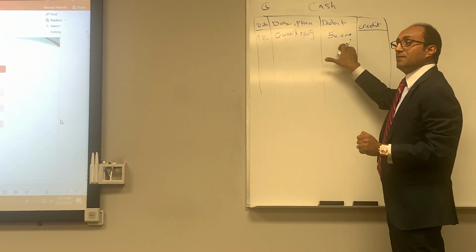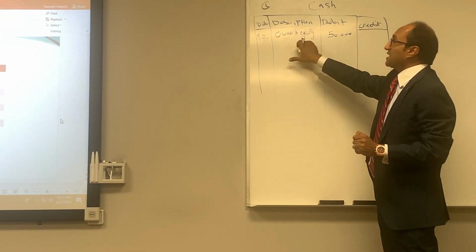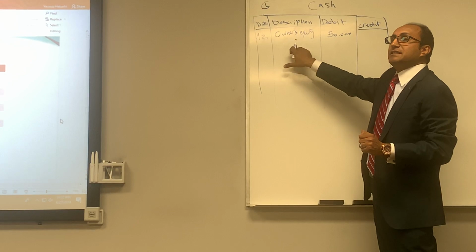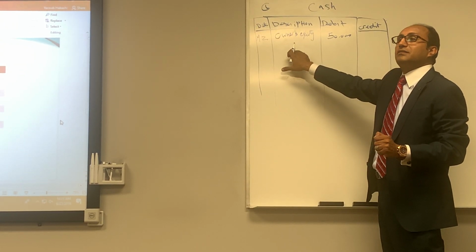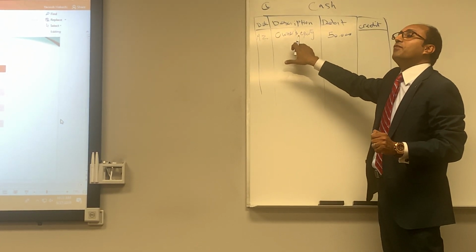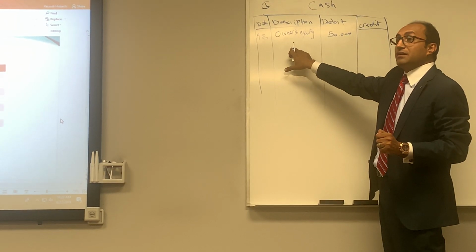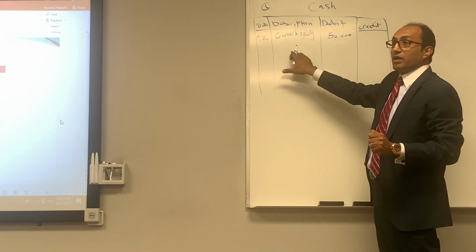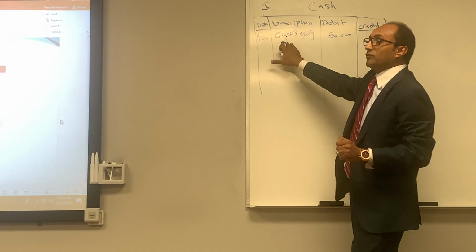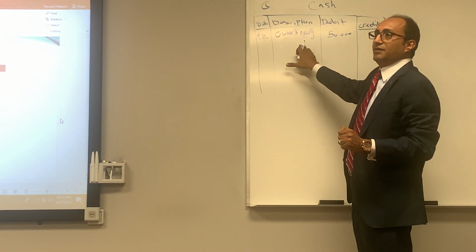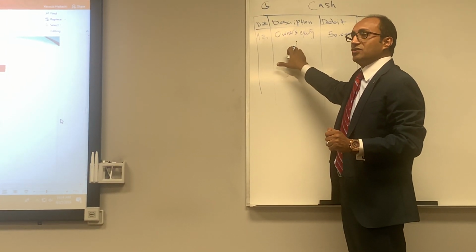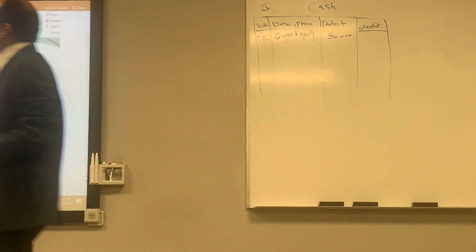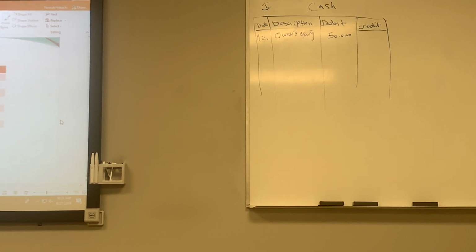This is cash. Okay, but the description, this cash increase, what is it affecting? It affects two sides, cash and owner equity. Here I have to record owner equity in the description. March 2. Next one, where is the cash here?